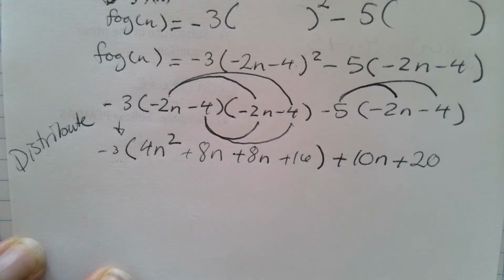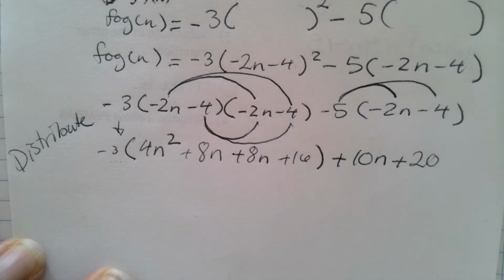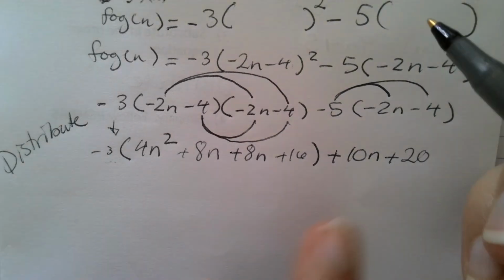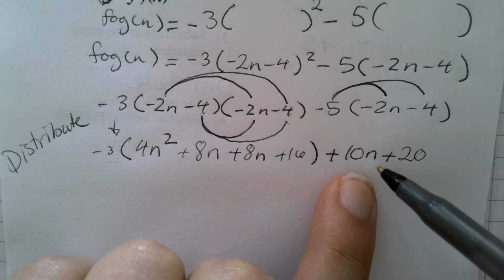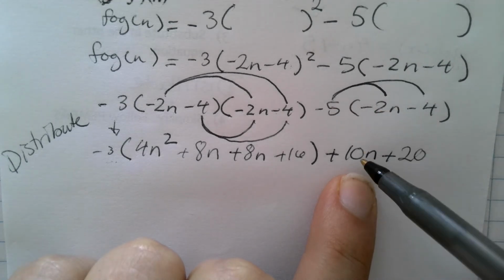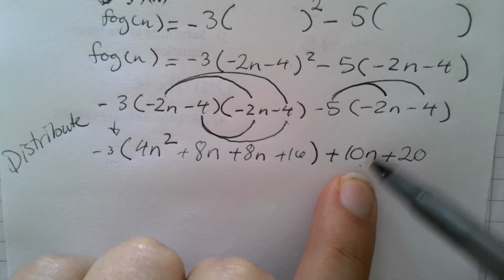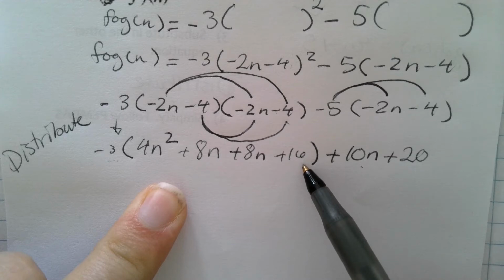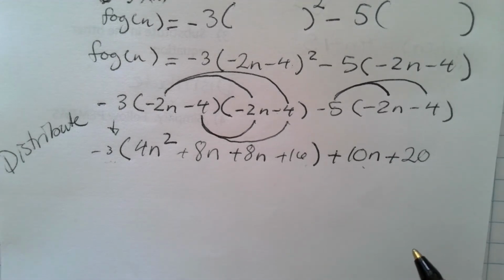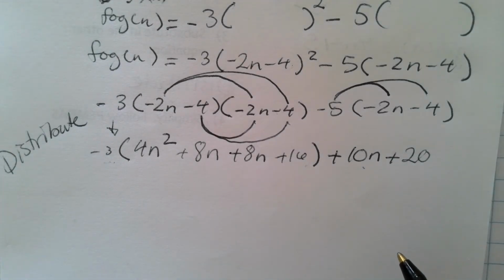The reason it's really important that you can add, subtract, multiply, and divide is if you didn't know how to, would you understand where that 10n came from? If you didn't know 5 times 2, you're not going to know where that 10n came from. If you don't understand that 4 times 4 is 16, you're going to be confused on every step. So it's really important that you have your basic math facts down really well.